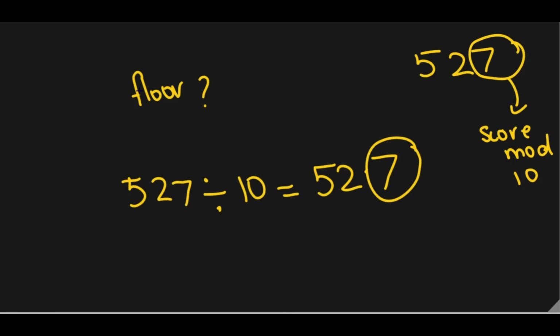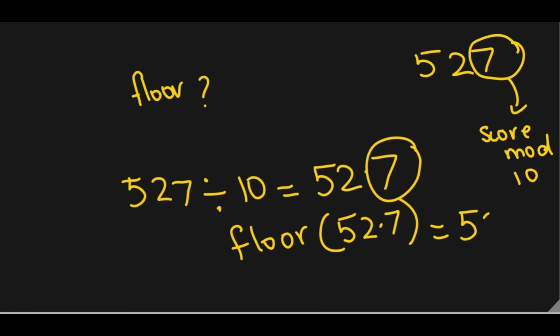So if I take the floor of any decimal number, for example 52.7, it will always give me 52. So basically it just rounds down the number to the nearest whole number, okay? So it gets rid of the decimal point and gives us the whole number.